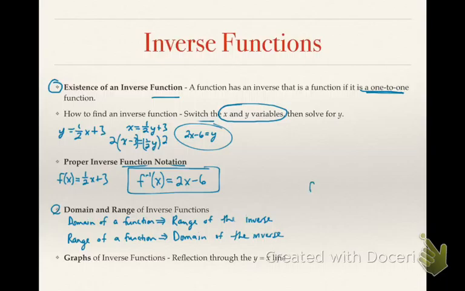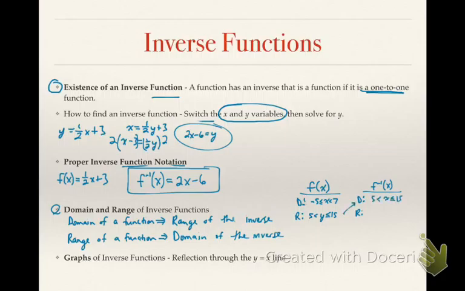For instance, if f of x had a domain and a range, let's say negative 5 is less than or equal to x less than 7, and the range was 5 less than y less than or equal to 15. For the inverse of that function, the domain becomes 5 is less than x is less than or equal to 15.